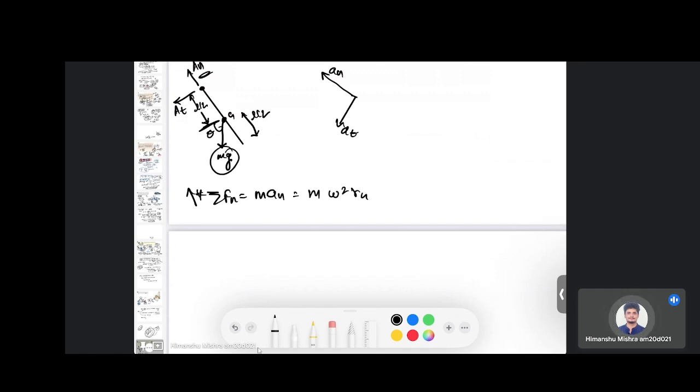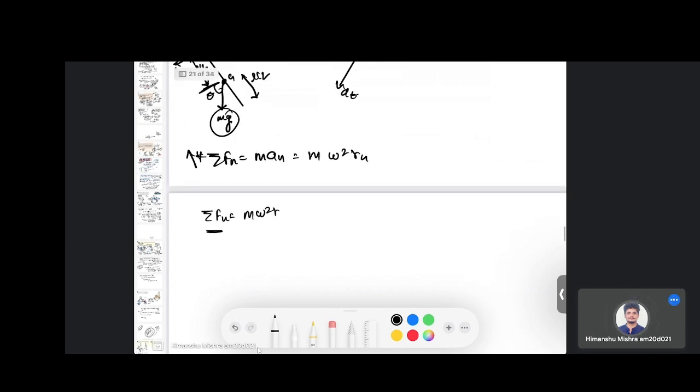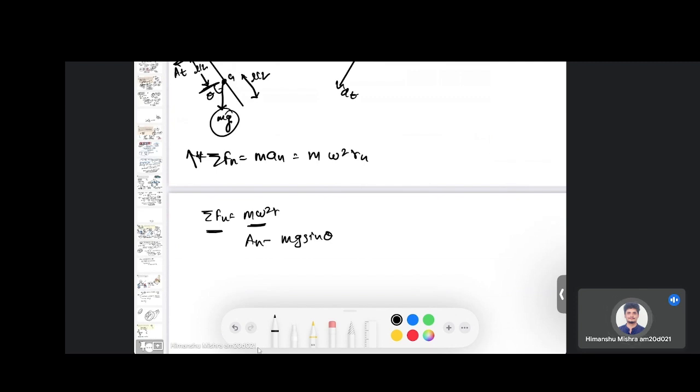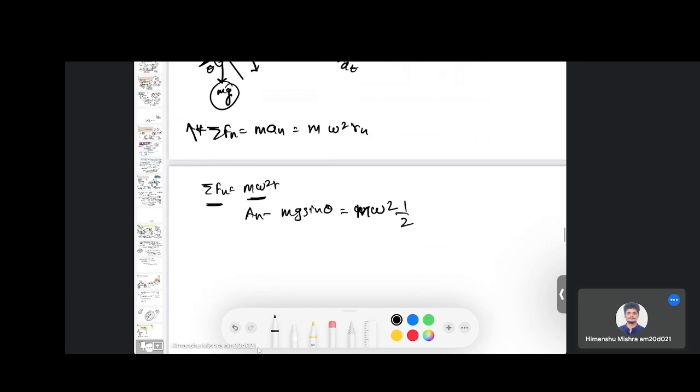Only the force An, and the component of weight in the normal direction. So this will become summation of force, which is An minus mg sin theta. Then on the right hand side, the acceleration part, which is m omega square r, where r is L by 2. This is equation 1.